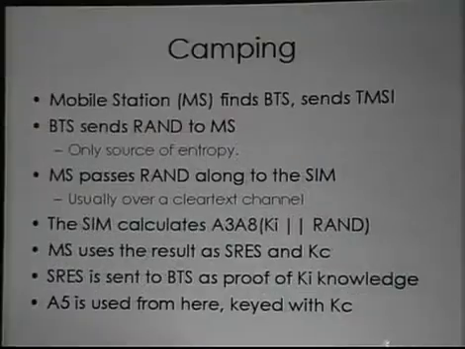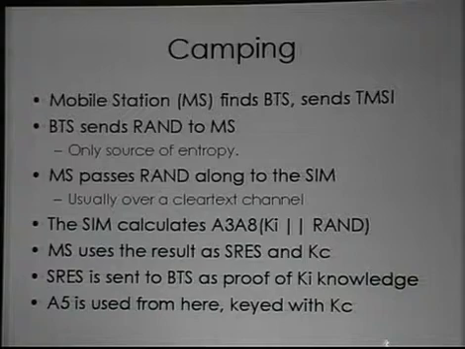So it's totally possible to man in the middle between your phone and your SIM and do that for whatever you want to do. The SIM takes this random nonce, concatenates it with the secret key, and hashes it. Typically, A3 and A8 are implemented as one function.